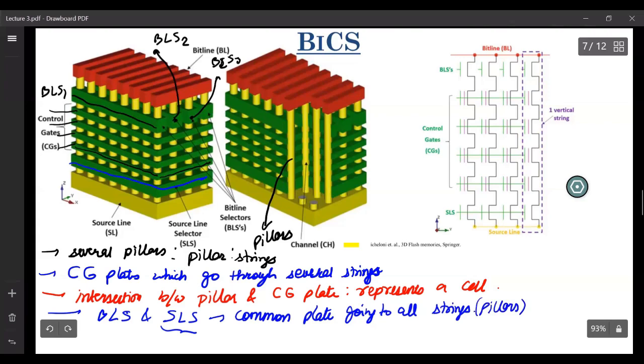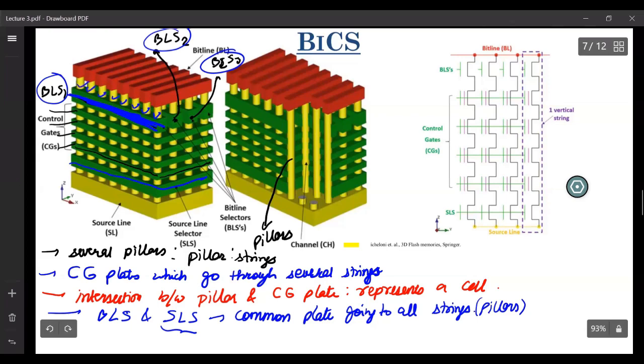So how can you uniquely select one particular pillar? You only have this bitline selector. Let us say you select one bitline select here. Then you select all these pillars.